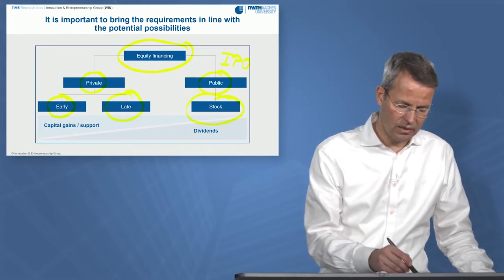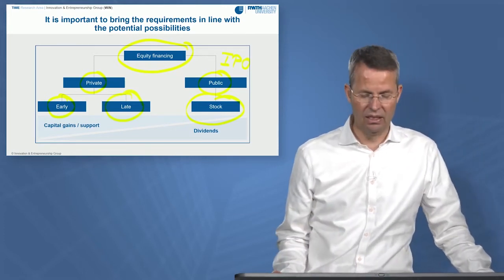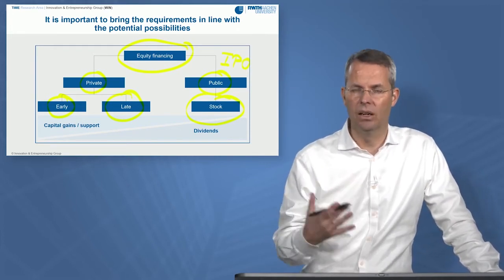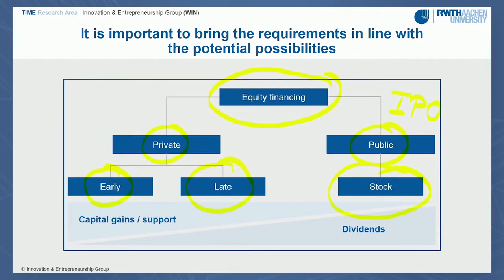And then there is a market for later stage private equity. And these later stage private equities are the typical buyout structures, where you can also find large funds who do buyout structures, and companies who are held by private companies in a buyout setting. So this is the first differentiation.